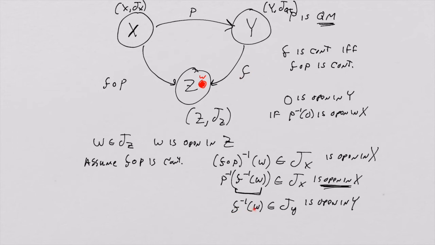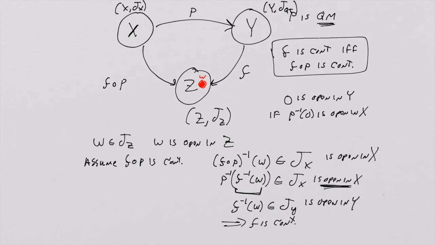Because the arbitrary preimage of an open set under F is an open set in Y. So I've now proven that F is continuous. Therefore, F is continuous. So now I've proven both directions.